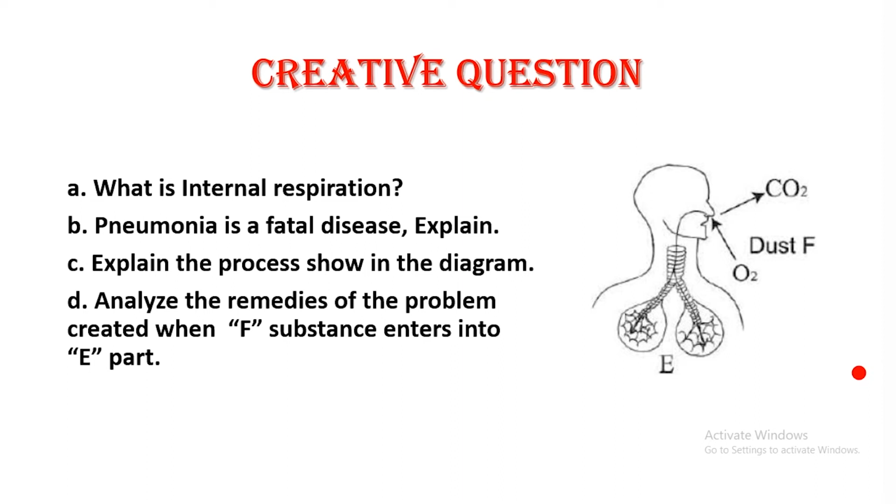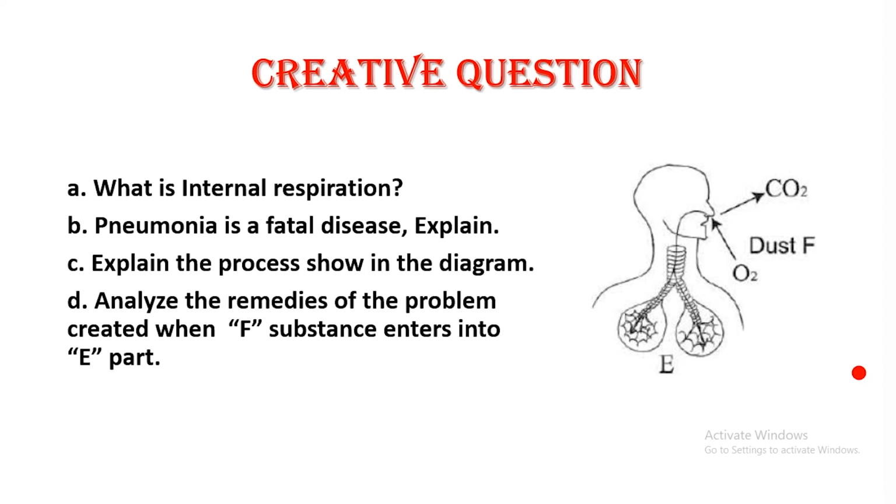So my dear students, before discussing the creative question, I'm giving you the information again for your better answer. Number A is a knowledge based question, which you have to write in one word or one sentence, not more than one sentence.